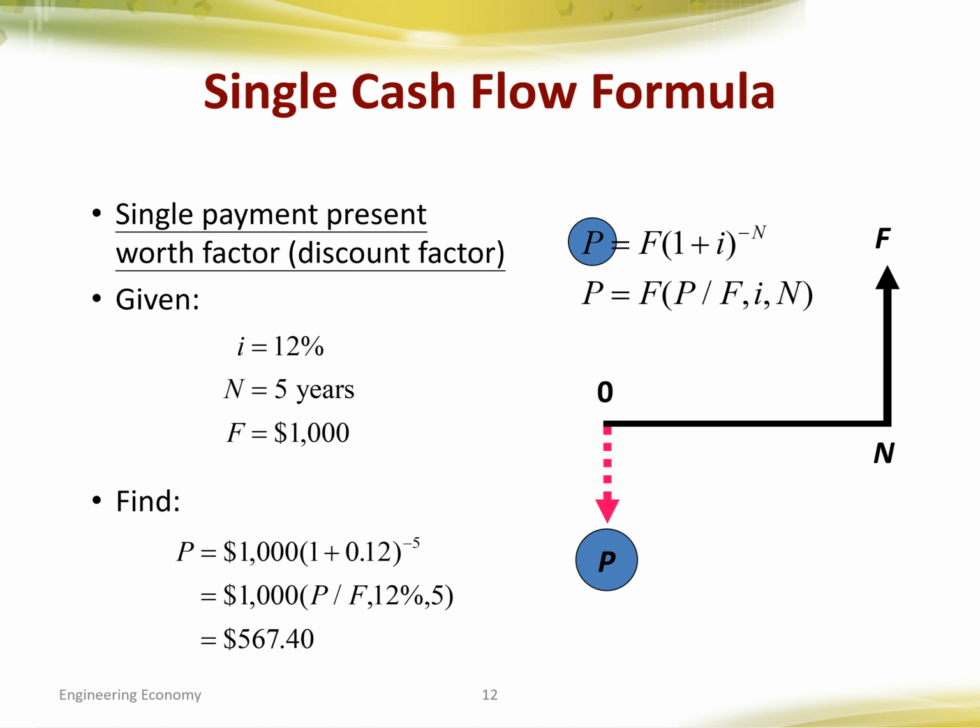So if we look it up from the back of the textbook, again, that particular coefficient can now be obtained directly and used to multiply 1,000, and we will still get 567.4. Right? The value should be smaller than 1,000 because they are the equivalence.